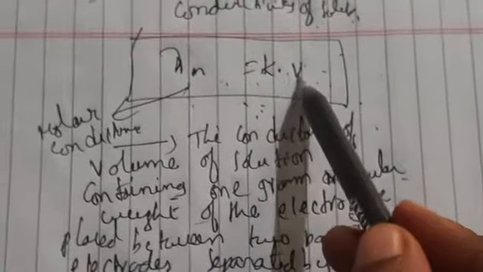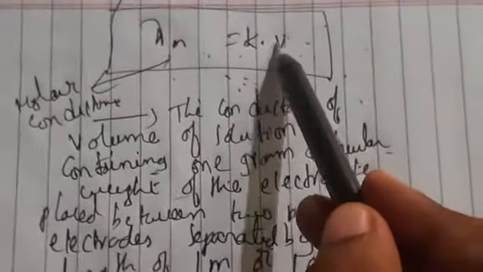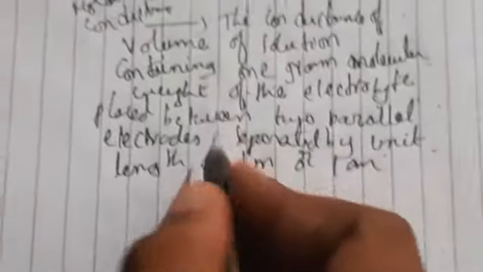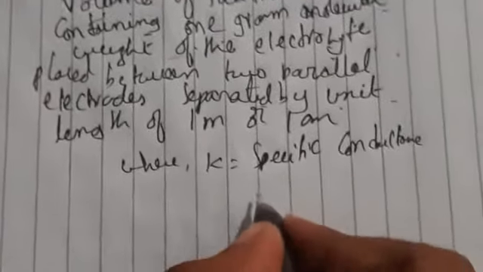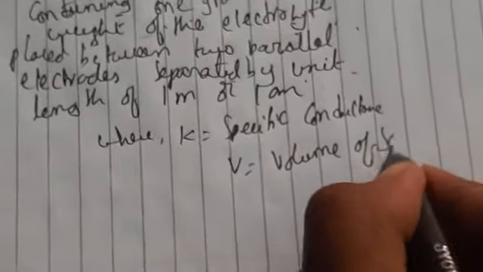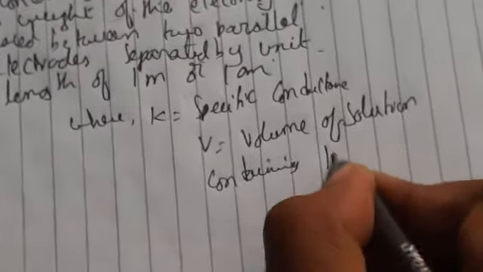So the conductance of volume of solution containing 1 gram molecular weight of the electrolyte placed between two parallel electrodes separated by a unit length of 1 meter or 1 centimeter, we call it molar conductance, where K is specific conductance and V is the volume of solution containing 1 mole of electrolyte.